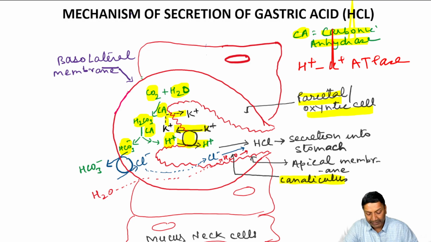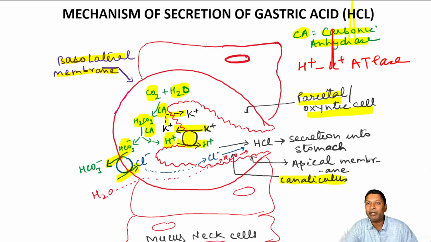This hydrogen ion is secreted into the canaliculus of the parietal cell, right? And the bicarbonate ion which is produced here will be pumped into the interstitium, and this bicarbonate will enter into the bloodstream, right? When the bicarbonate is pumped out of the parietal cell through the basolateral membrane, there is simultaneous entry of chloride through an antiporter called the bicarbonate chloride antiporter.